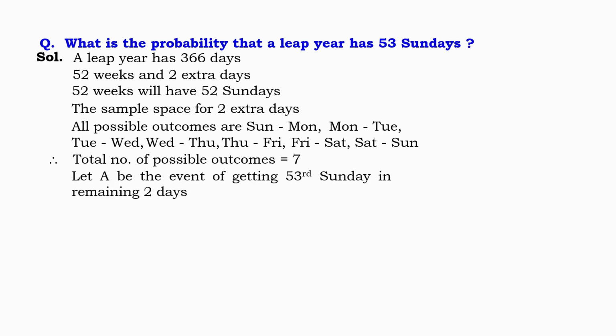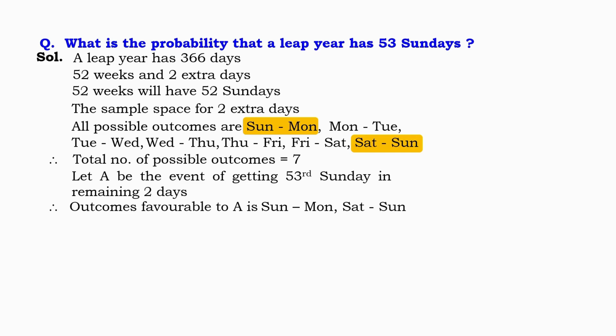Now let A be the event of getting the 53rd Sunday in the remaining 2 days. In which combinations of days can we get a Sunday? In Sunday Monday we will get one Sunday, and in Saturday Sunday. So the favorable outcomes to A are Sunday Monday and Saturday Sunday, so the number of outcomes favorable to A is equal to 2.